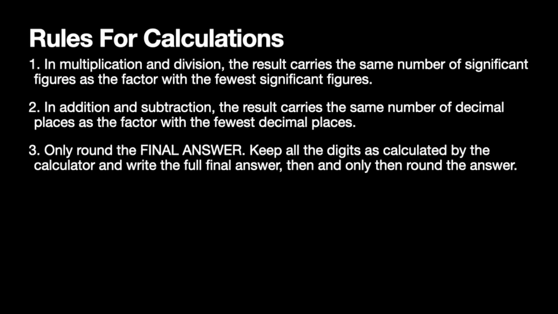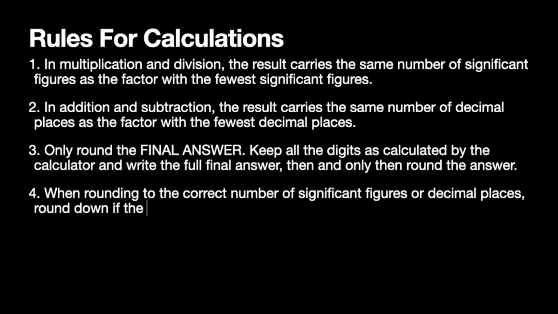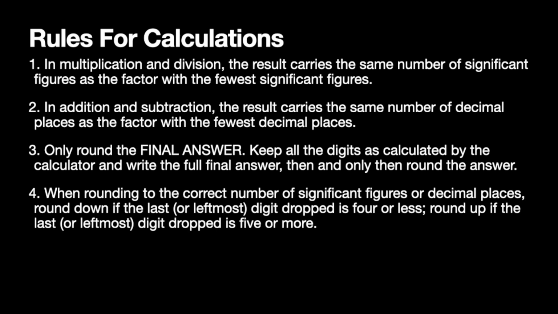Keep all the digits as calculated by the calculator and write the full final answer, then and only then round the answer. 4. When rounding to the correct number of significant figures or decimal places, round down if the last or leftmost digit dropped is 4 or less. Round up if the last or leftmost digit dropped is 5 or more.